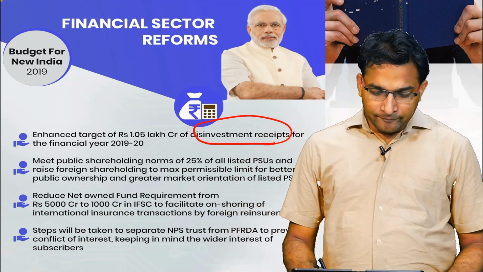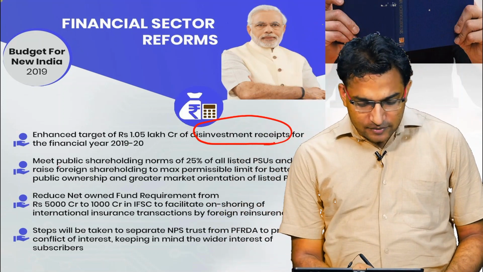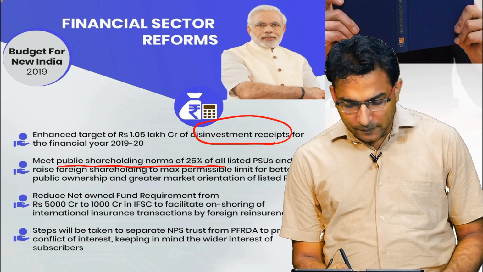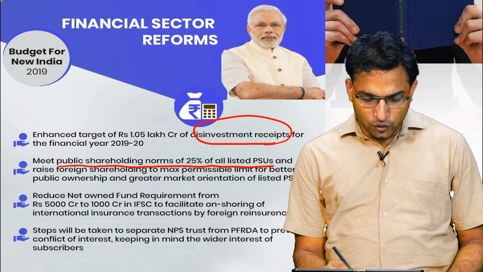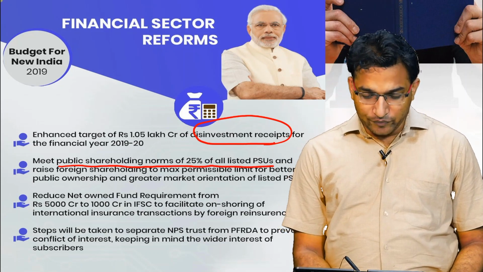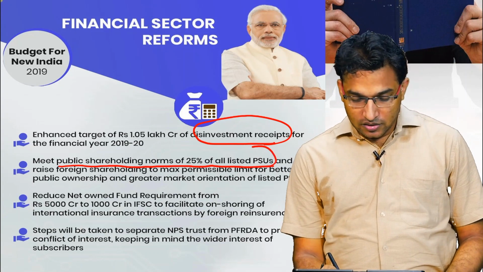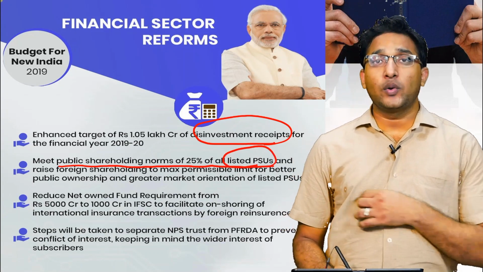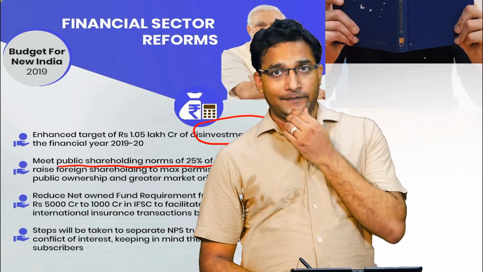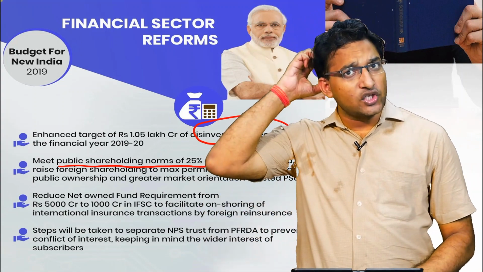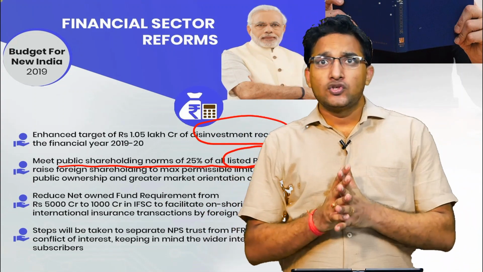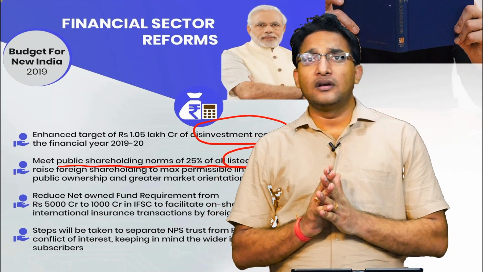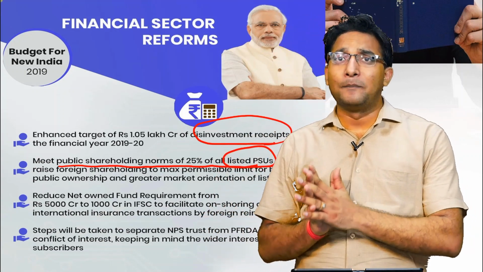So for this purpose, meet this public shareholding norm of 25% of all listed PSUs. So all the listed PSUs are supposed to have at least 25% public shareholding, right? Public shareholding means the shareholding by the common public. So this norm is not completely complied with.